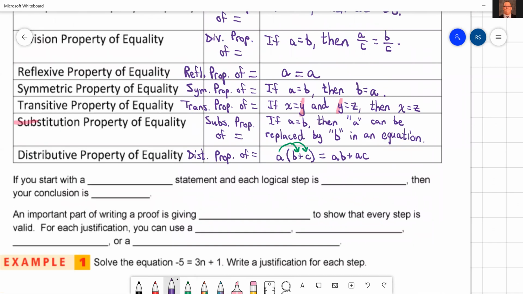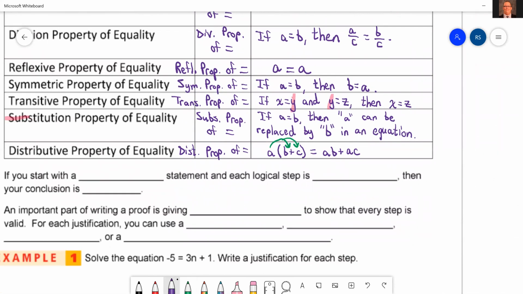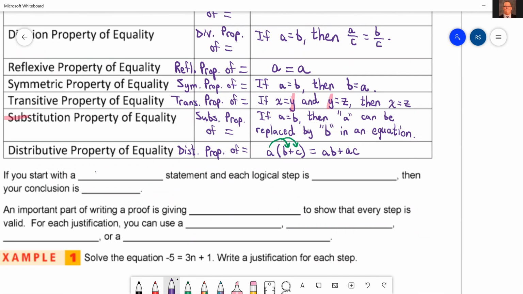Now we're going to start thinking of making a logical argument. If you start with a true statement, and each logical step is either valid or true, then your conclusion has to be true.